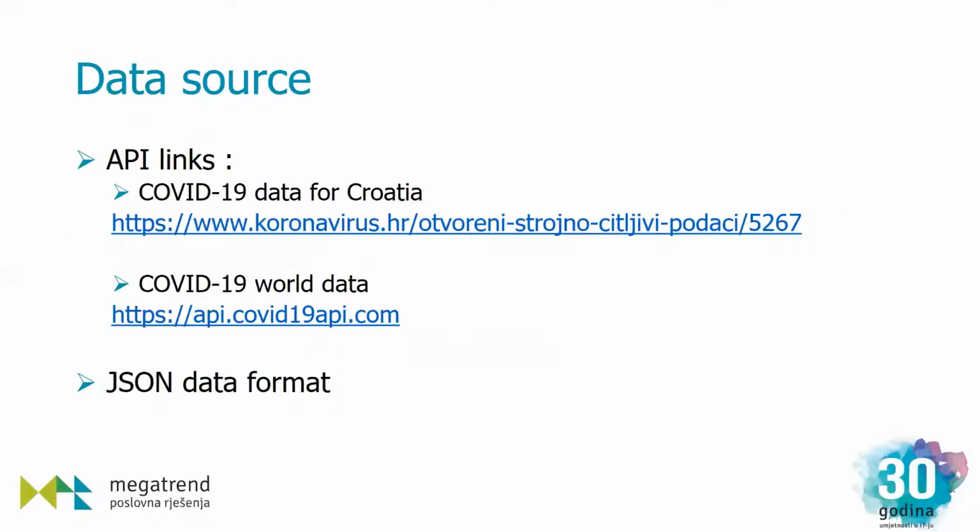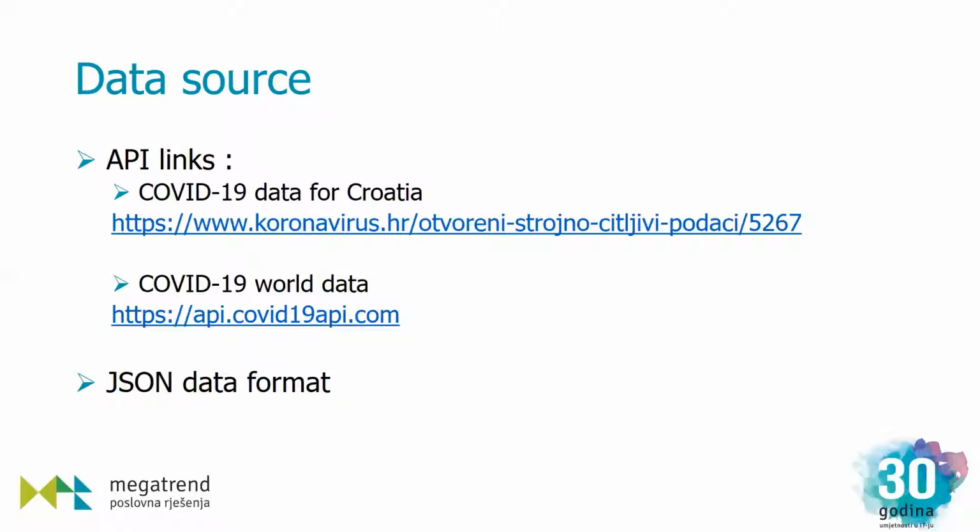Data sources. As I mentioned before, we use different kinds of APIs for extraction of data. This is the link that you can see for COVID-19 data for Croatia, and the second one is a link for COVID-19 worldwide data.